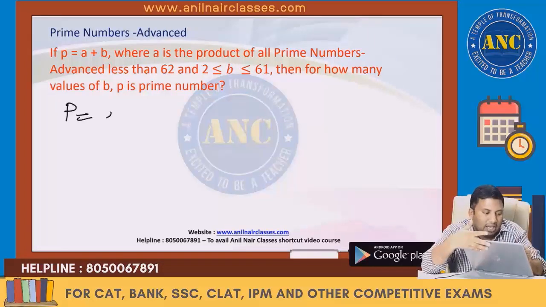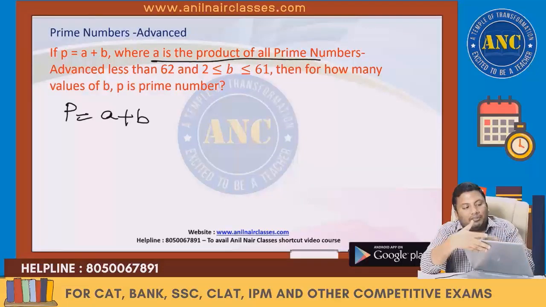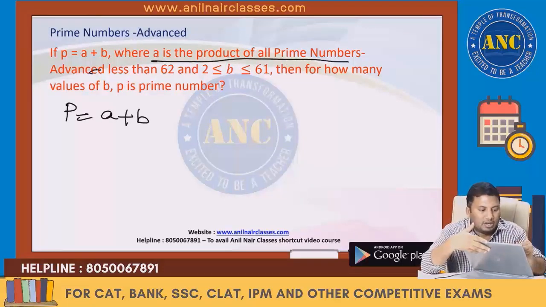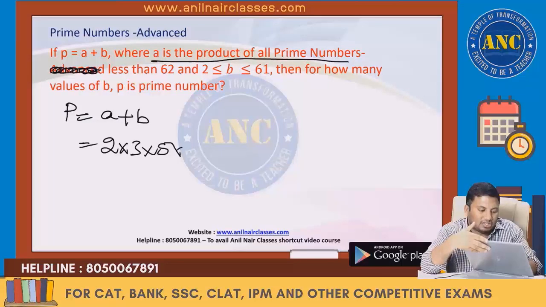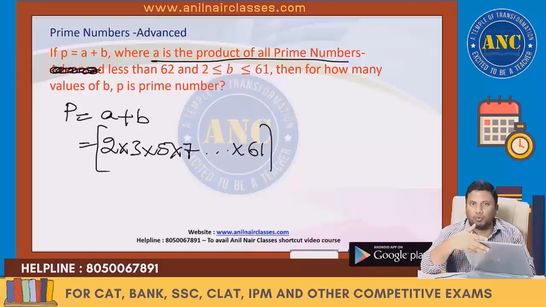P is A plus B. A is the product of all the prime numbers less than 62. So this is 2, 3, 5, 7, and so on up to 61. A similar model we discussed in our prime number session 1 or 2, I am not sure.